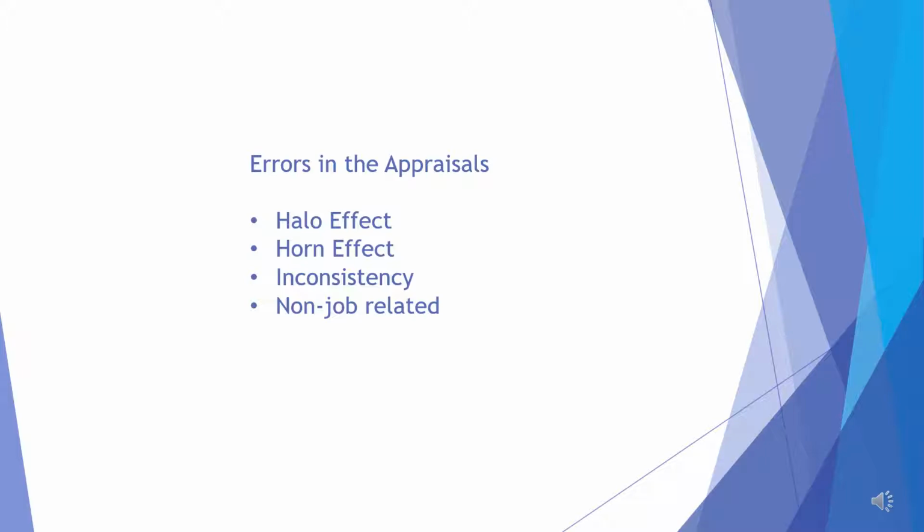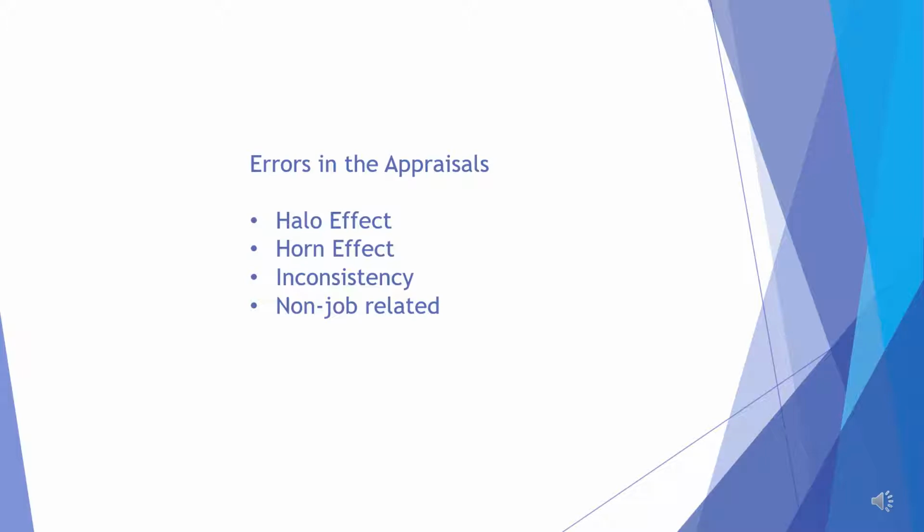Another problem with appraisal systems is inconsistency among departments. How the different managers appraise the employees is inconsistent, and that can lead to a lot of trouble down the road.